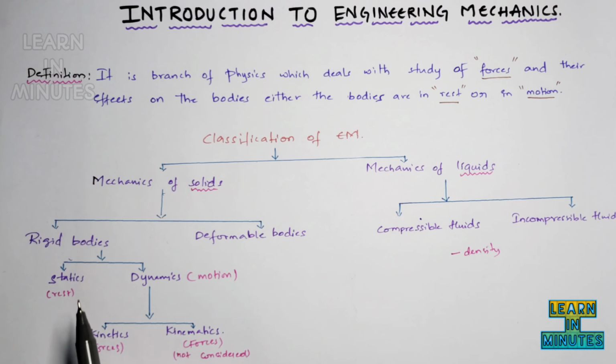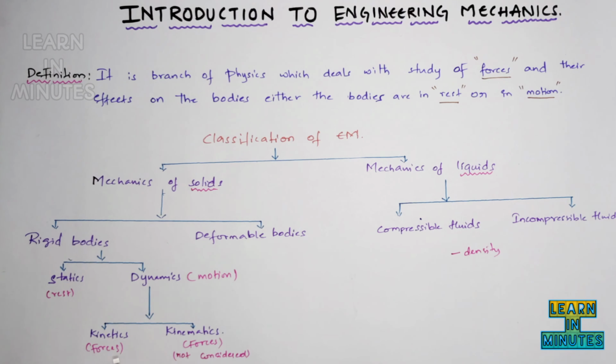Again, these rigid bodies are classified into two more types. When the bodies are at rest and forces are applied, it is called statics, and when the bodies are in motion and forces are applied, it is called dynamics. Dynamics is again classified into two more types, depending upon whether the forces are considered or not.